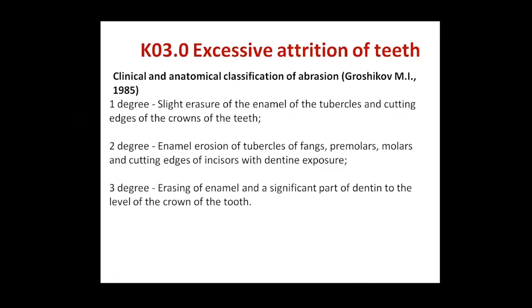Degree number 2, enamel erosion of cusps of premolars, molars, and cutting edges of incisors with dentin exposure. First, dentin exposure, the second degree. And the third degree, erosion of enamel and a significant part of dentin to the level of the crown of the tooth.